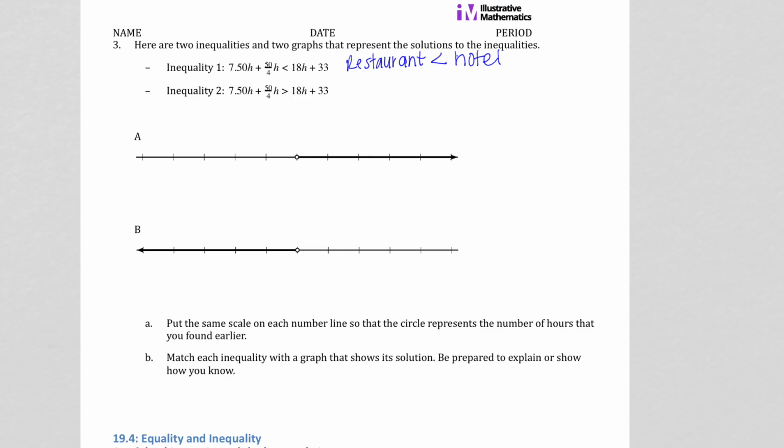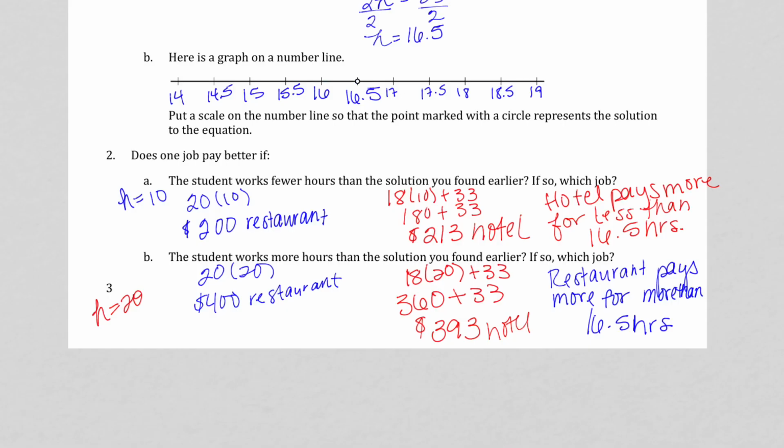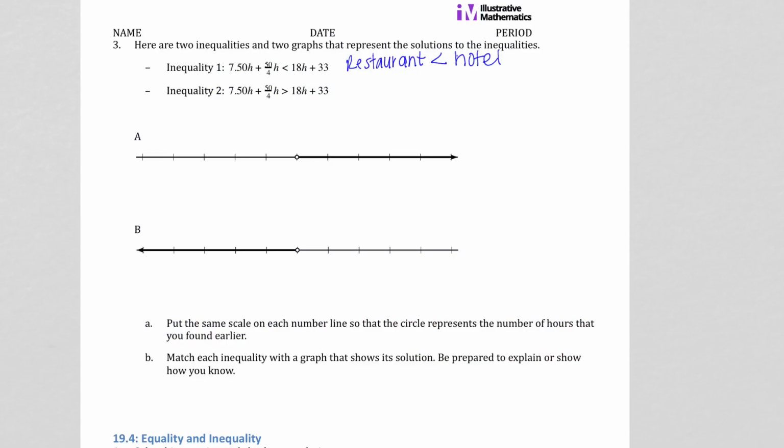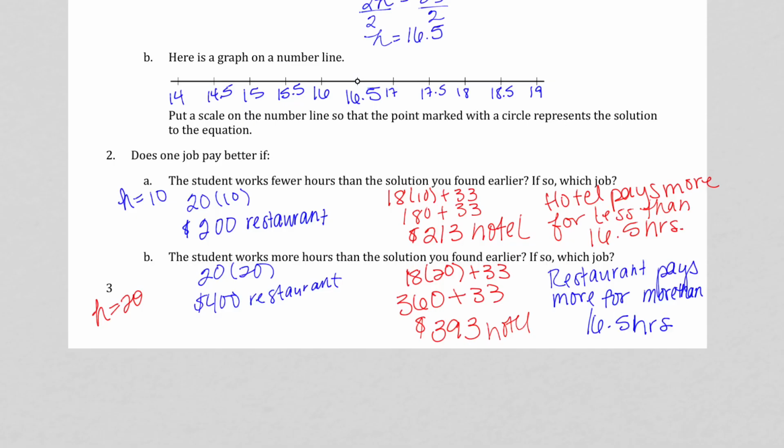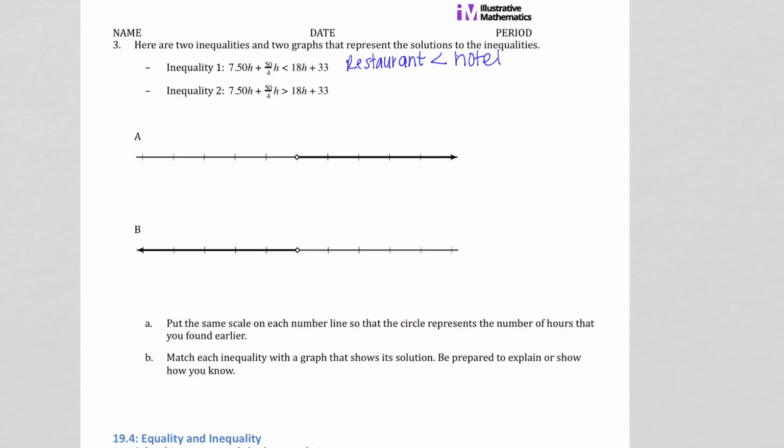So we have to look back at our previous page. The restaurant pays less than the hotel. So the hotel is paying more on this one for less than 16.5 hours. So that's going to be my graph B.